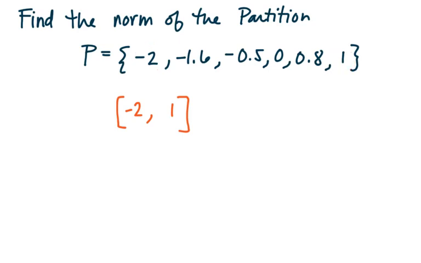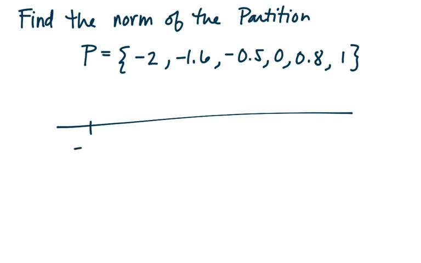Okay, so if I choose these as my partitions, I've got -2, -1.6, -0.5, 0, 0.8, and 1.